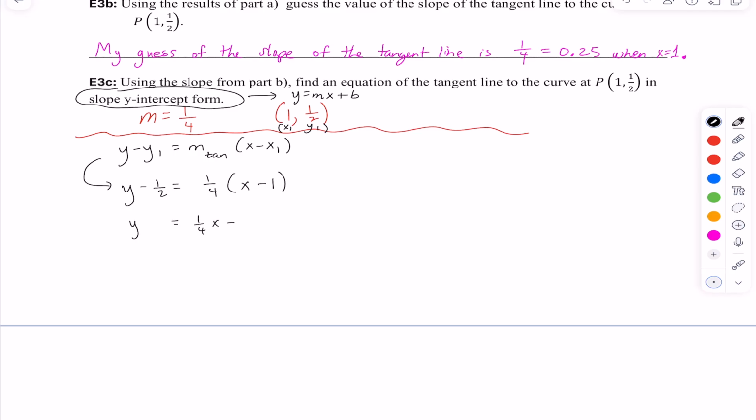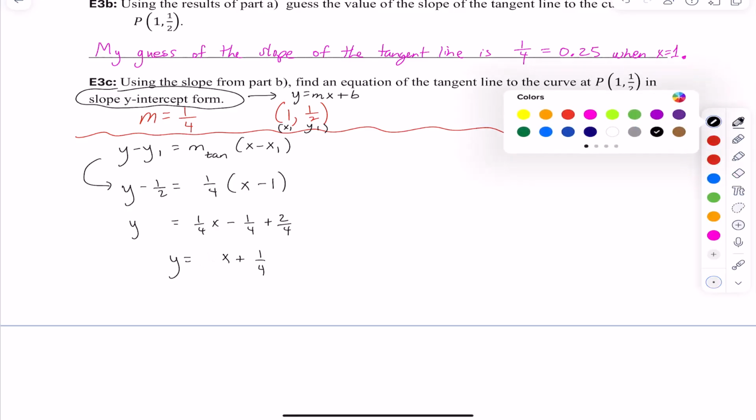So this is simply algebra. And notice you do get the equation of the tangent line to that function when x equals 1. Got to write the slope back in.